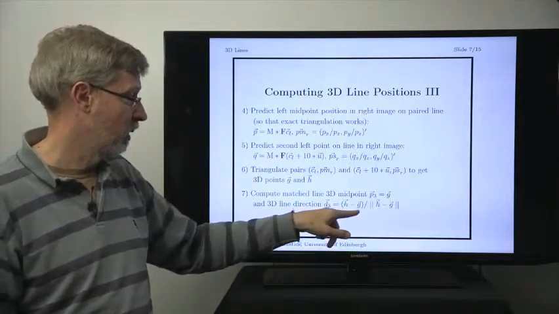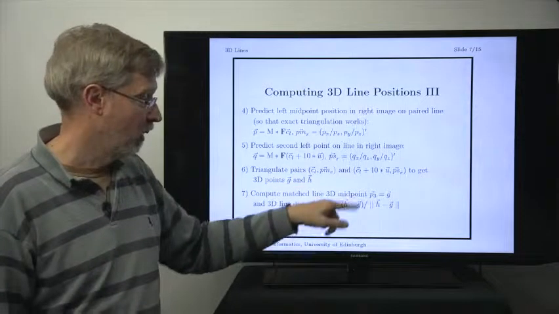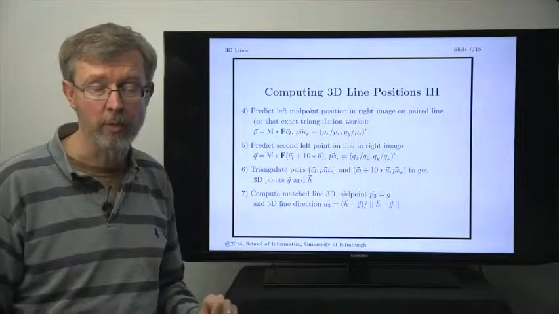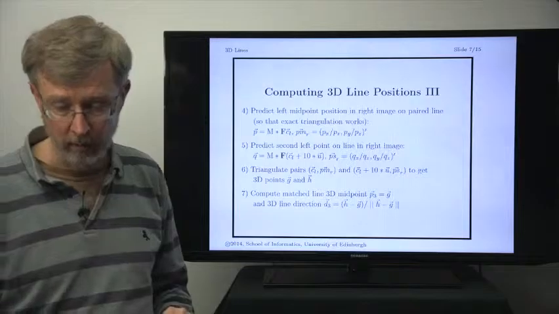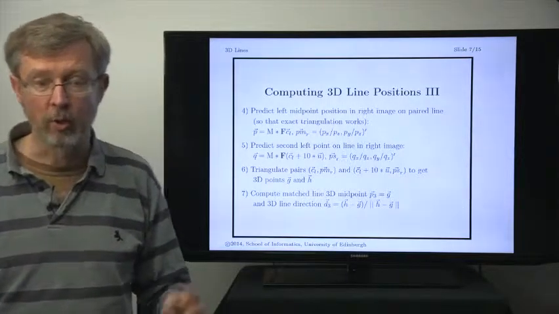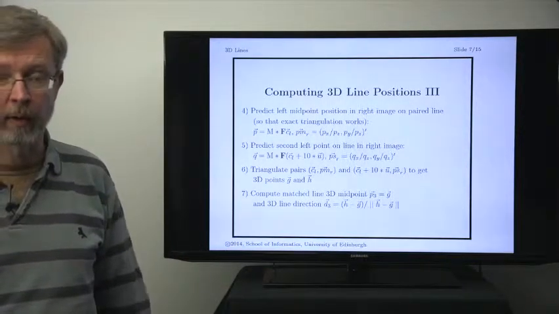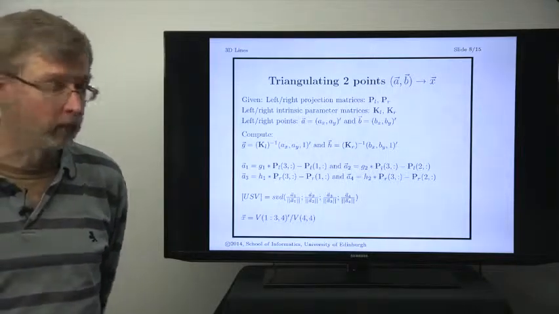That's just by looking at the 3D vector between those matched points that we've triangulated. So that gives us a three-dimensional midpoint and a three-dimensional direction vector that we're going to be able to use.